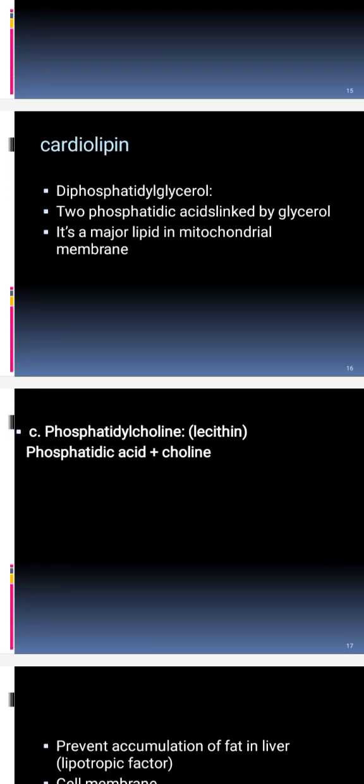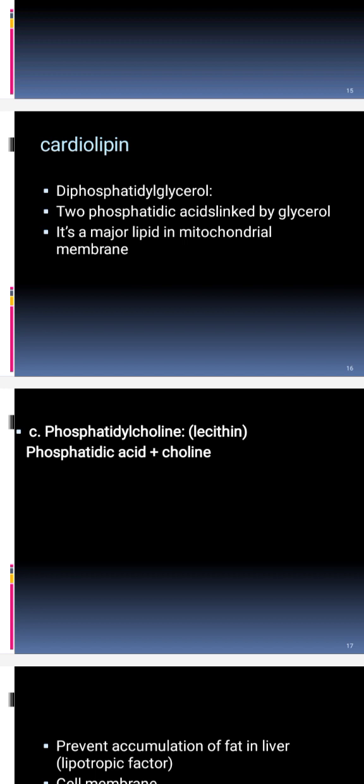Also we have another type which we can call phosphatidylcholine. Phosphatidylcholine is also called lecithin. When you study phospholipids, you need to know the name of the phospholipid, the type of the phospholipid, the content of the phospholipid, the function of the phospholipid, and if this phospholipid has another name.